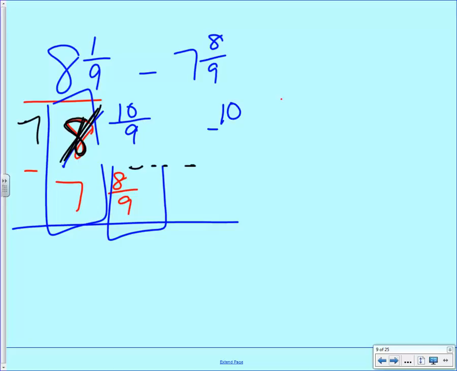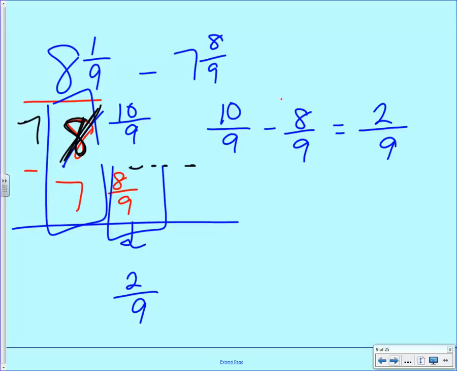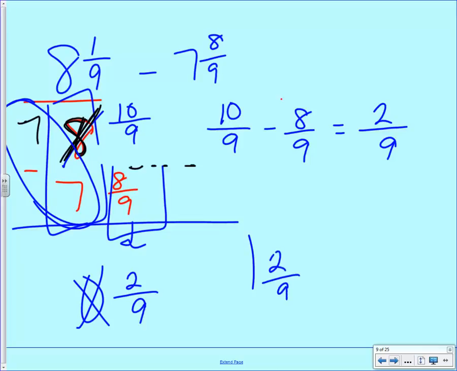So here is my 10/9 minus my 8/9. The denominators match, so I bring it straight over. And I'm going to subtract 10 minus 8, and I get 2. So this whole piece comes down to be 2/9. Over here on this side, I've got 7 minus 7, which is 0. And I don't really need the 0. It just means nothing. So after I subtract those two fractions, I end up with a final answer of 2/9.